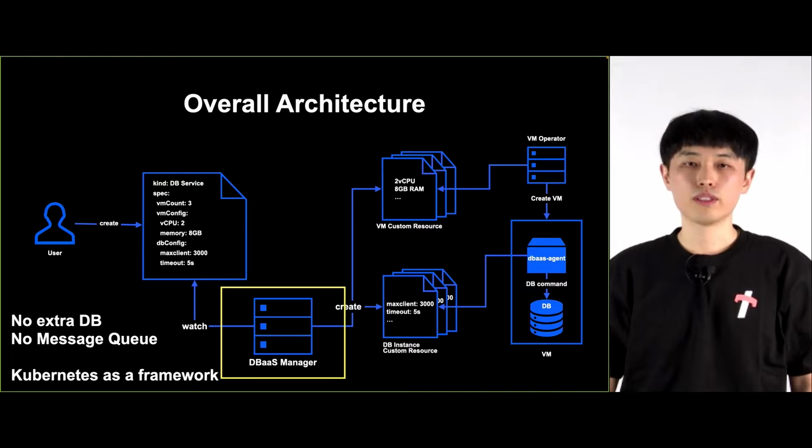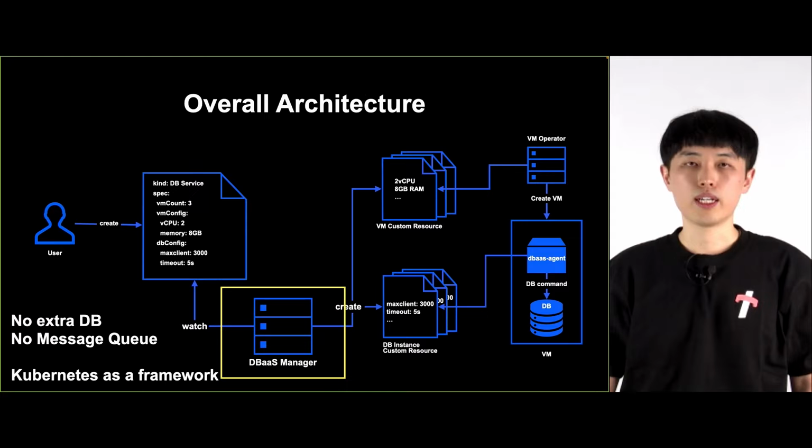So to sum up, the user declares the DB service, and the DBaaS manager observes this resource and generates VM and DB instance custom resource. Each resource is handled by the VM operator and the DBaaS agent.